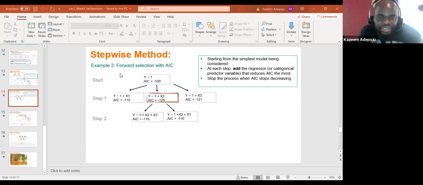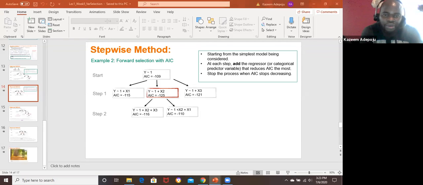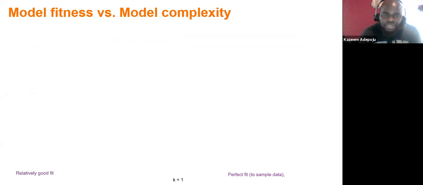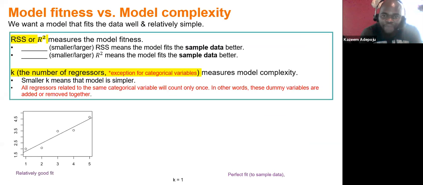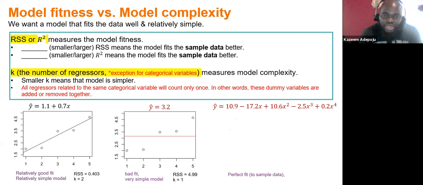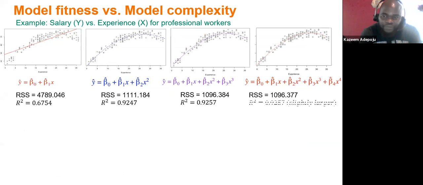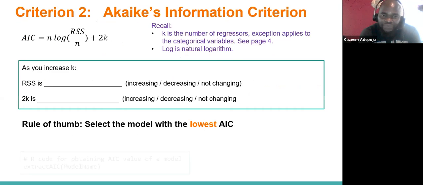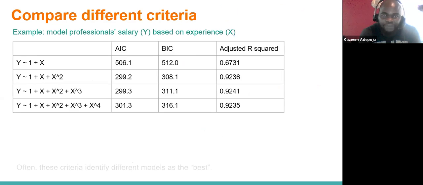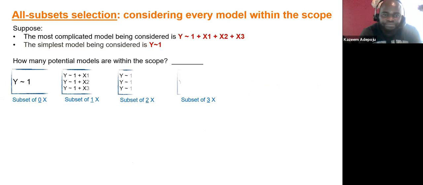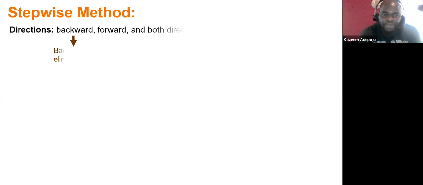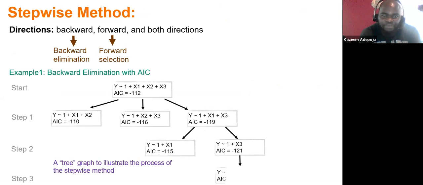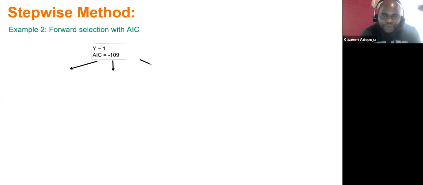Okay. So now you know the difference between the backward and the forward. In the backward, you're going to start from the full model. In the forward, you're going to start from the simple model. Particularly, you're going to start from the intercept model. So I think I've explained the backward, and I explained the forward.